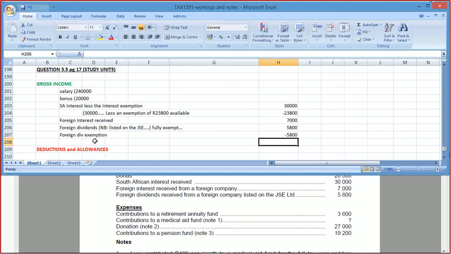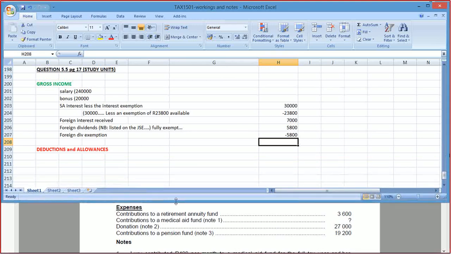So you would show 5,800, and then you would show the foreign dividends exemption, minus 5,800 there. Okay. Right, then you've got expenses.